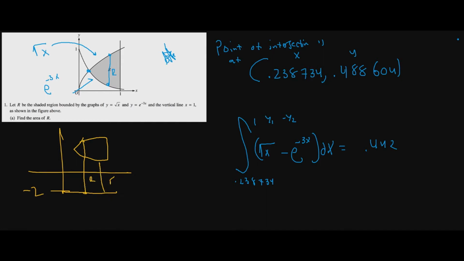The only difference now is we're talking about radius, and so instead of being -2, it's 2 plus, because it's 2 right here, 2 plus our radius up above, which is the square root of x, and then little r is 2 plus the bottom curve, which is e to the negative 3x, right? So that's the only difference between rotating around a negative line and a positive line.